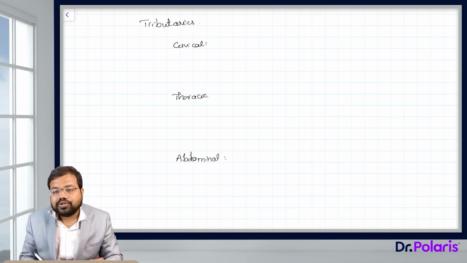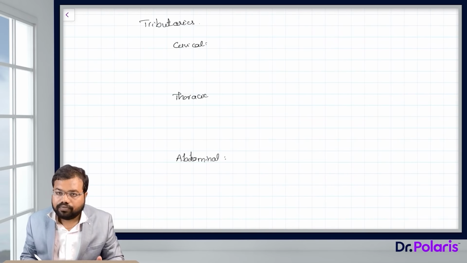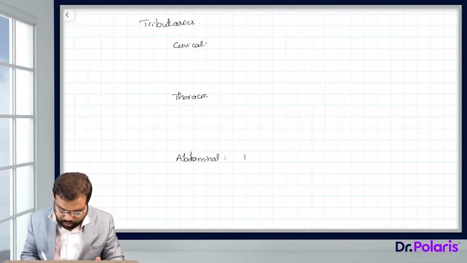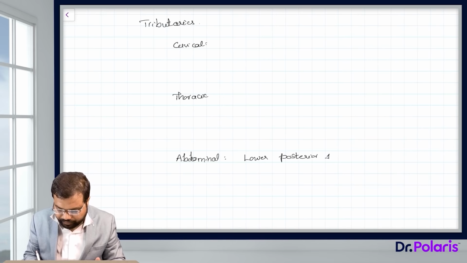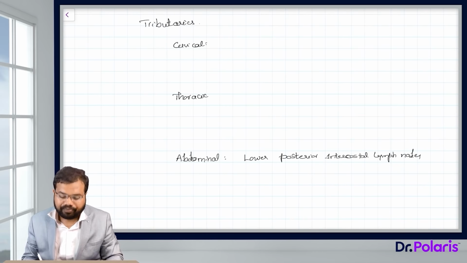In the abdominal region, it collects the lymph from the lower posterior intercostal lymph nodes. So in the abdominal region, you will receive from lower posterior intercostal lymph nodes. From these regions, they will be draining into the abdominal part of the thoracic duct.